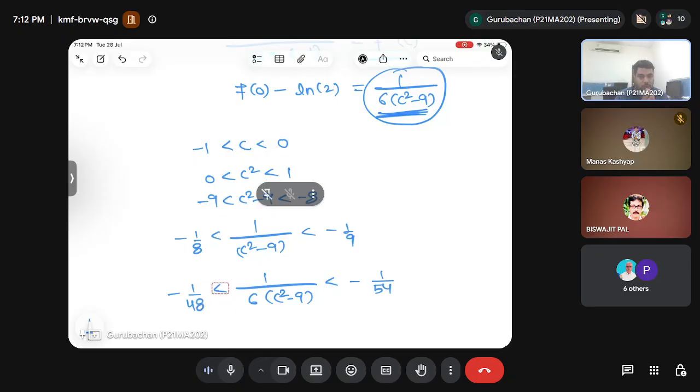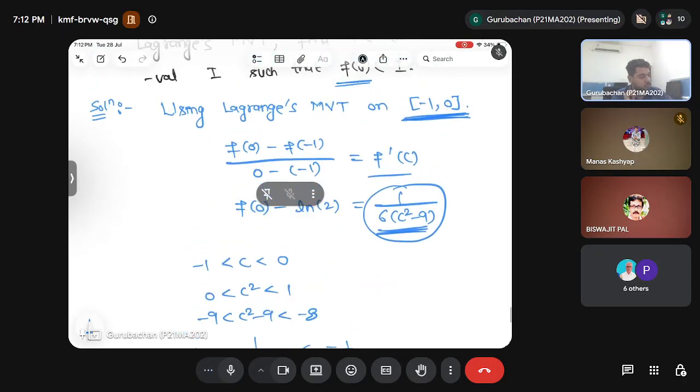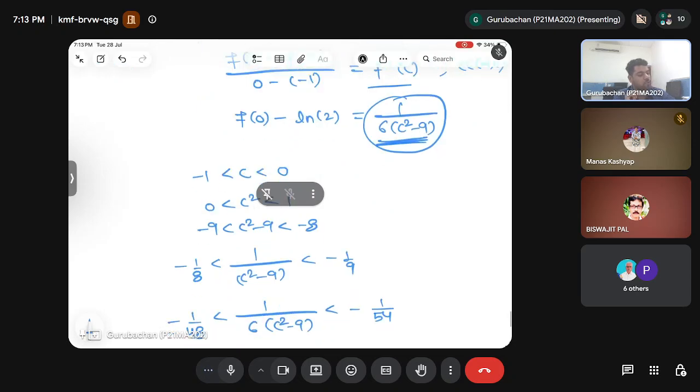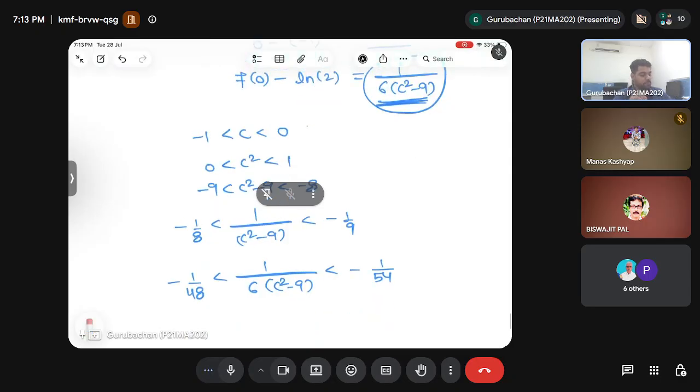Does anyone have any doubt over this? Where does our c lie? In the open interval -1 to 0. That is why I wrote strict inequalities in all these lines. Does anyone have any doubt in these bound estimates?